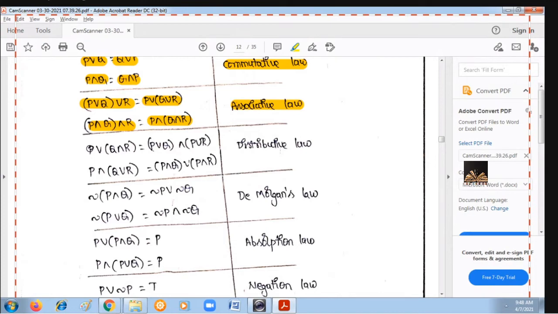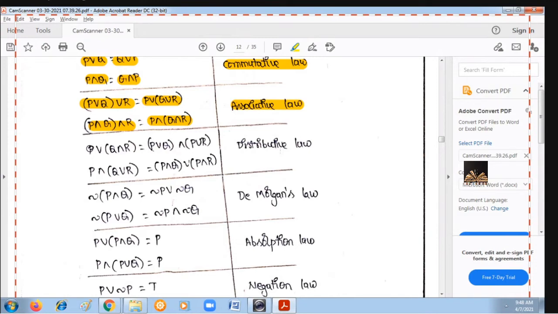So here, within these brackets and outside the bracket, if you have two different connectives like conjunction and disjunction or disjunction and conjunction, in that case, you can apply the distributive law. And if you have the same connectives within the braces, outside the braces, in that case, you can use associative law. Right? So here we have disjunction.